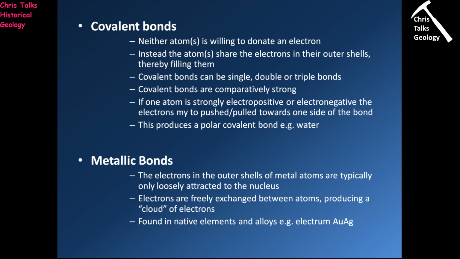So in theory they could fall off relatively easily, for want of a better way of describing it. And so if we get a load of copper atoms together, what happens is because these outer electrons are so weakly constrained, they just start switching from one atom to another. They're just constantly jumping around between atoms.